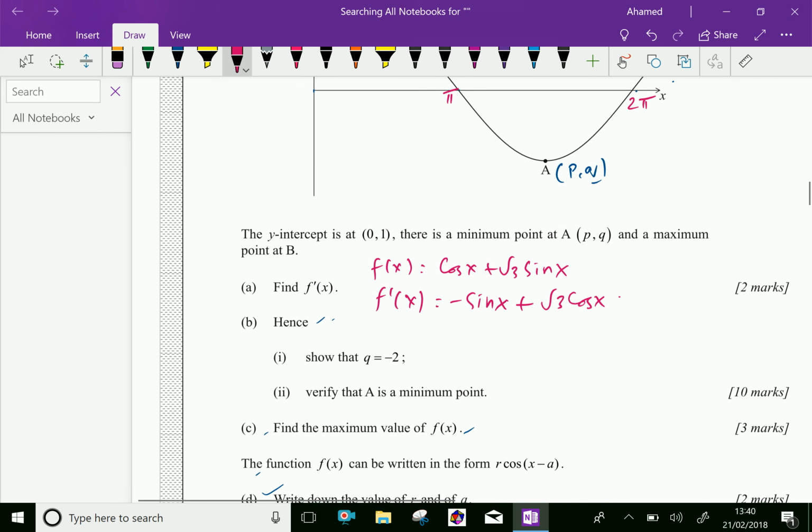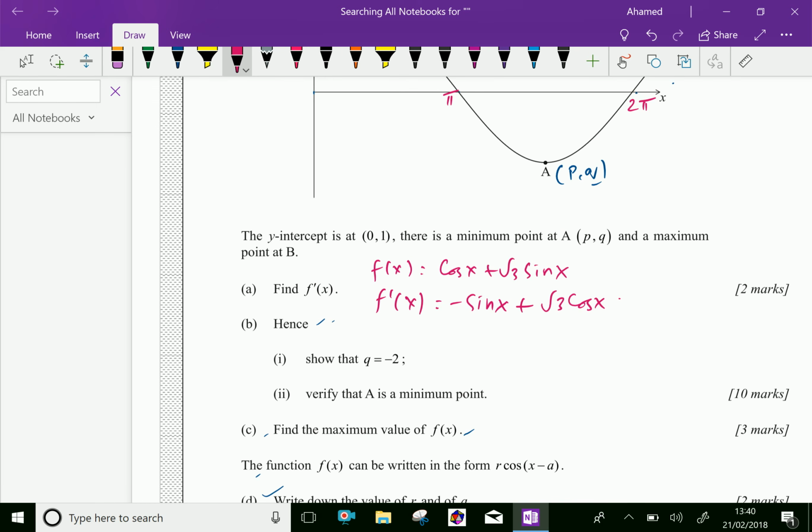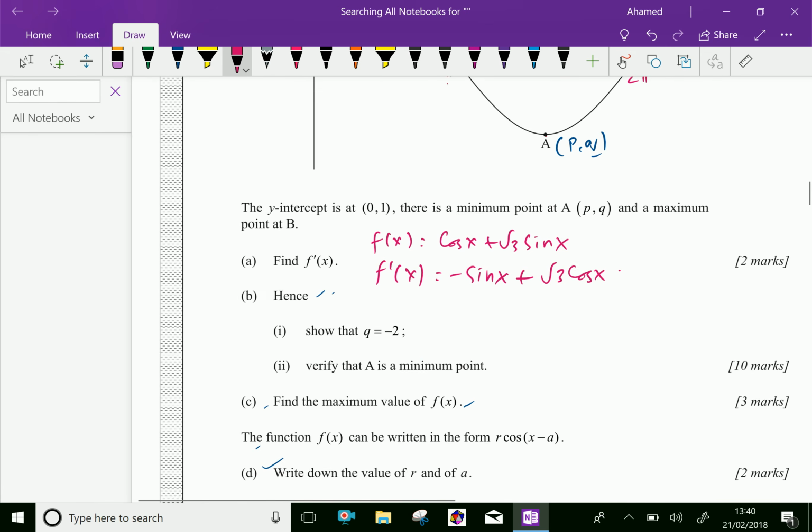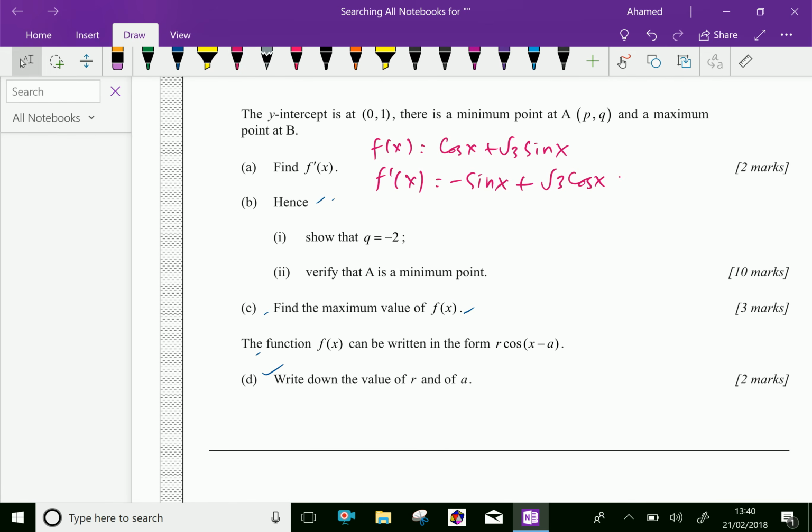Here the point Q is the lowest point, which is in the x-axis domain pi to 2 pi. So we have to get f dash of x equal to 0. We get minus sin x plus root 3 cos x equals 0.